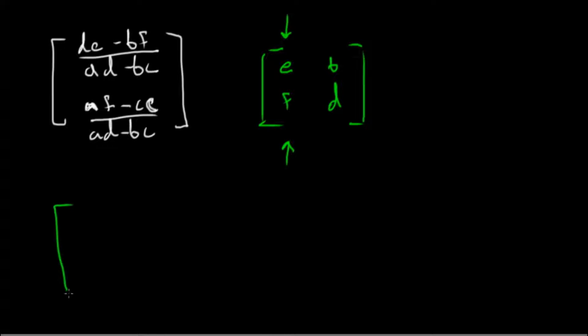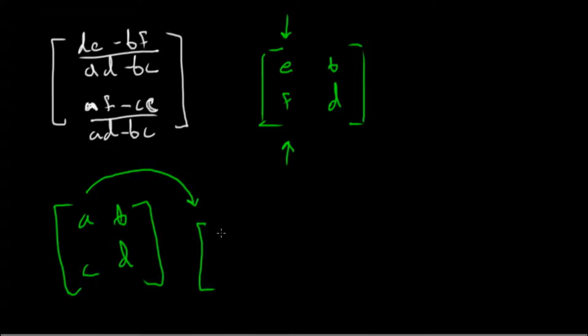So we have the original ABCD coefficient matrix, and we have replaced the x entries with the right-hand side, E, F.